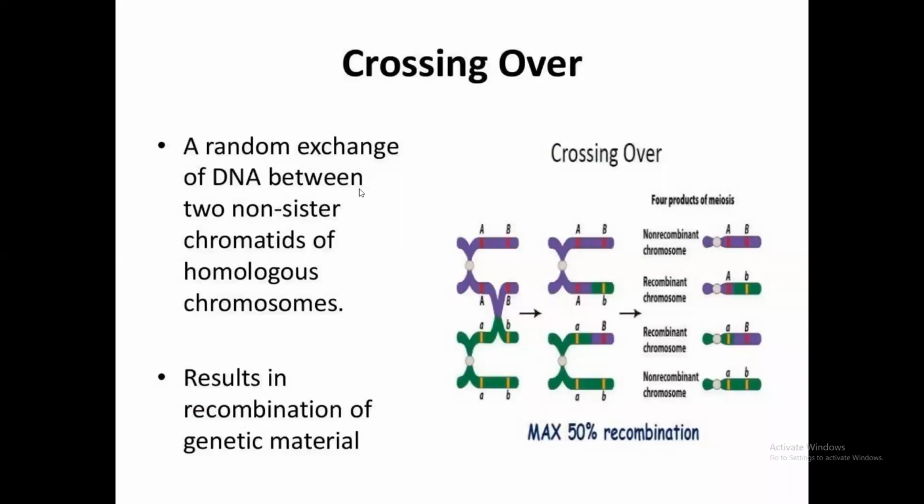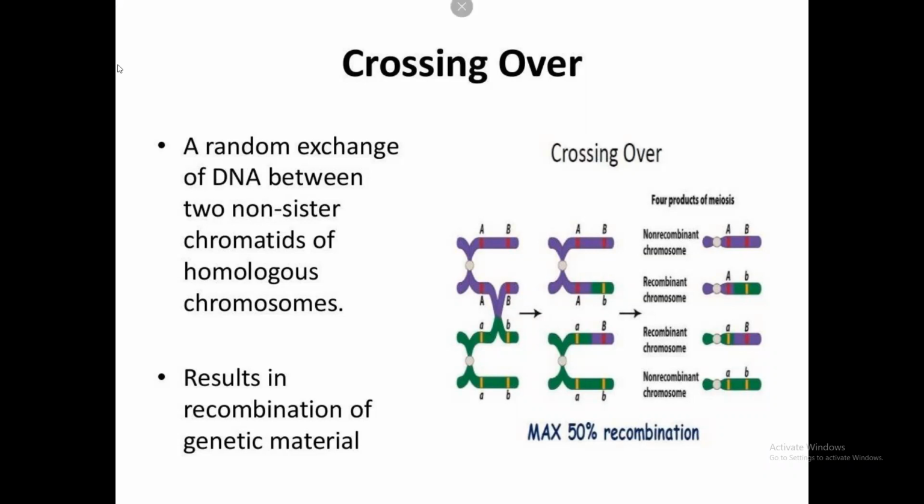Now, a random exchange of DNA between 2 non-sister chromatids. Here, a question will be asked: crossing over is a genetic exchange between sister chromatids or non-sister chromatids? It occurs between non-sister chromatids of a homologous pair of chromosomes. Why are we calling them homologous chromosomes? We have discussed.